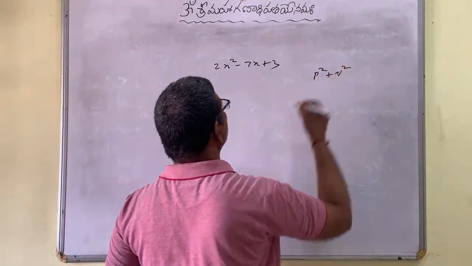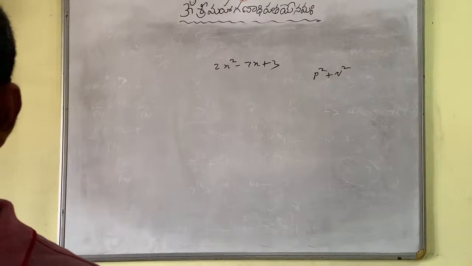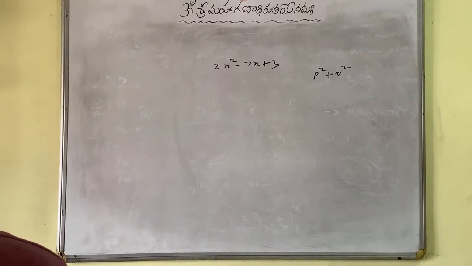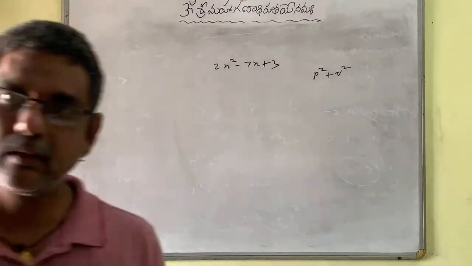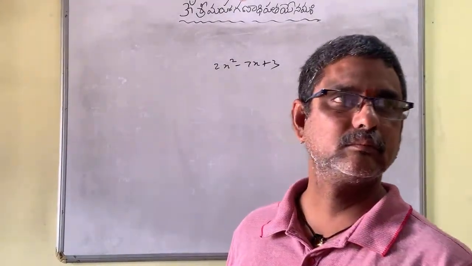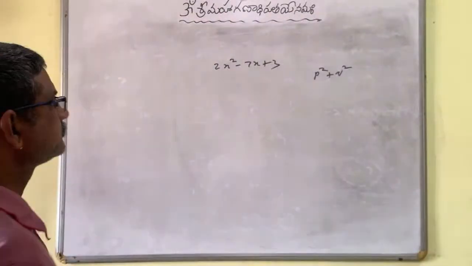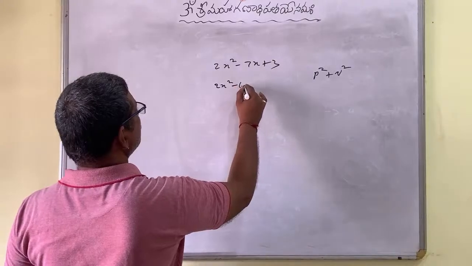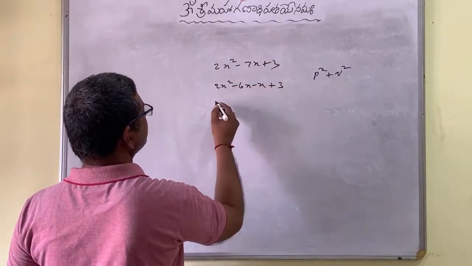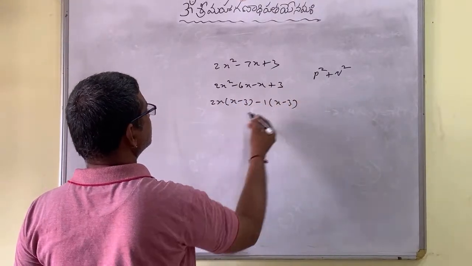Is splitting the middle term possible for this? Yes, minus 6 into minus 1. 2x square minus 6x minus x. 2x common, x minus 3, minus 1 common, x minus 3.